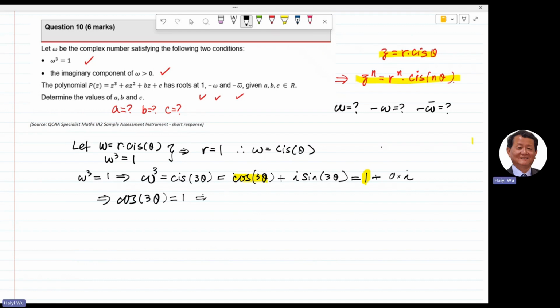So we take the inverse of that function. 3 theta will be the inverse cosine of 1. That gives us 3 theta equal to 2n pi, since we have more than one answer.